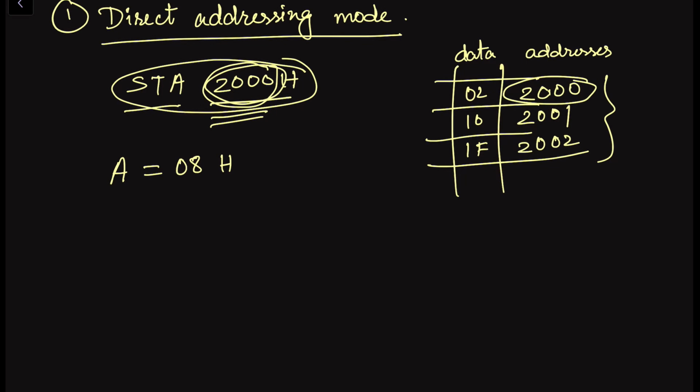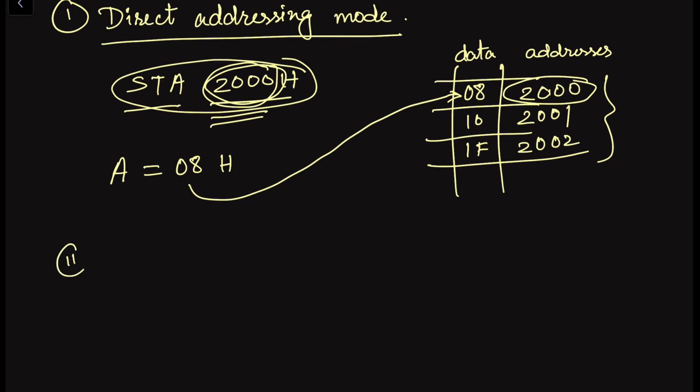Now after executing this instruction, the value at address 2000 will be rewritten to 08, because this 08 now comes here. So this is the direct addressing mode. In the case of direct addressing mode, whatever the operand or data to be operated on, that data address is given in the instruction.